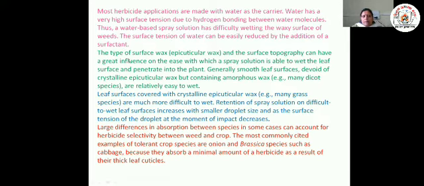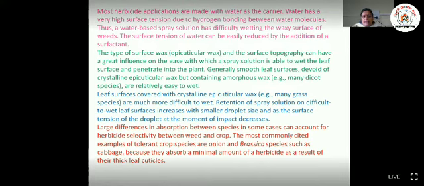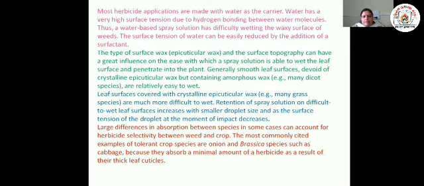The type of surface wax present on the leaf surface also affects your herbicide spray solution, that is, whether it wets the leaf surface or penetrates into the plant. It depends on the epicuticular wax condition.